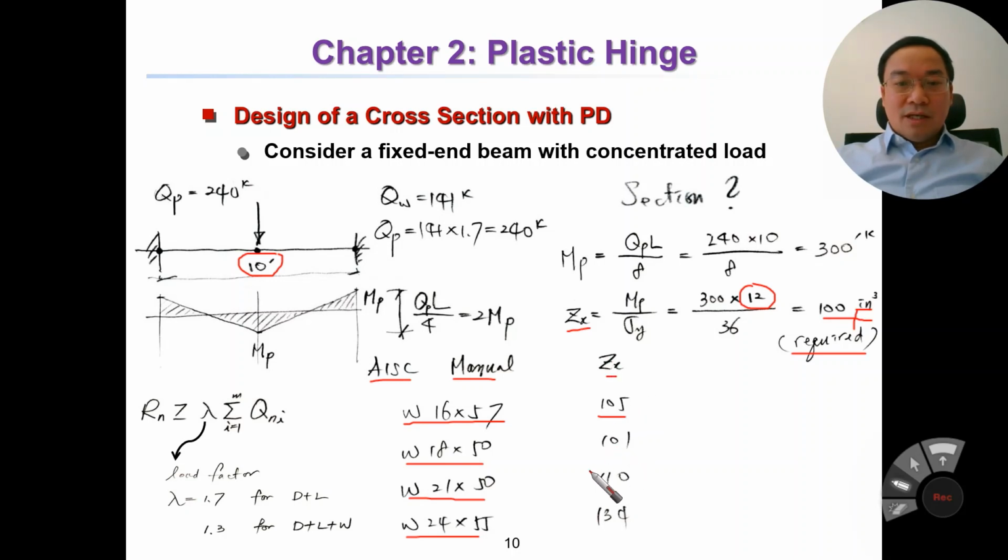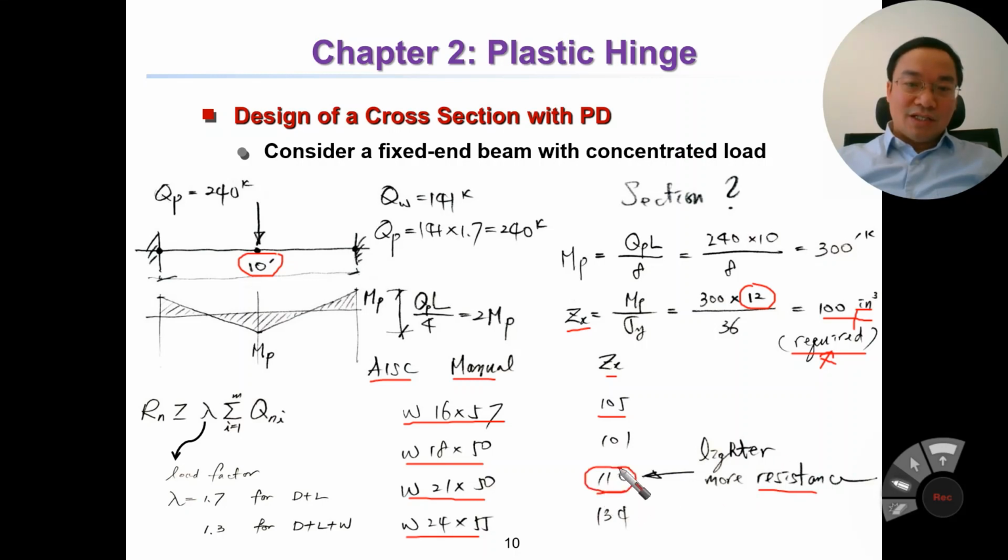Okay, then which one should be selected? This one. All 4 meet the requirement, but this section is better because it's lighter compared to the first and the second. So finally we use this section. Okay, and that is a design using the plastic design concept for the beam.